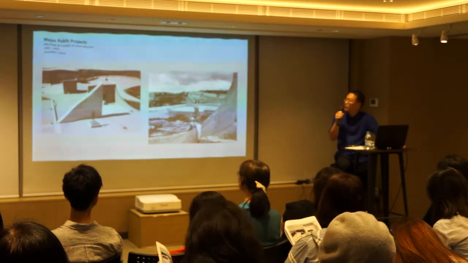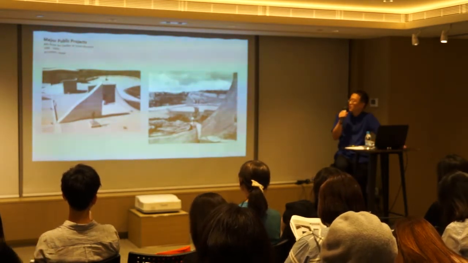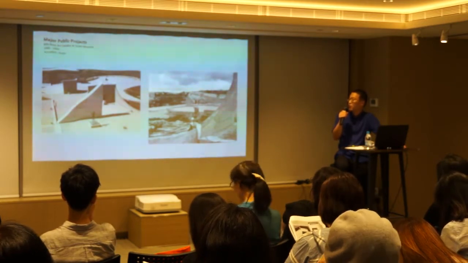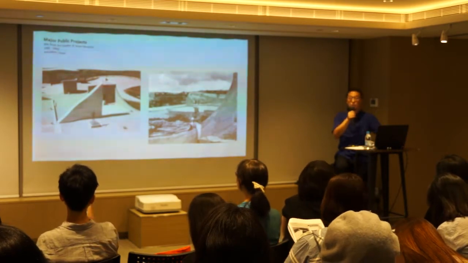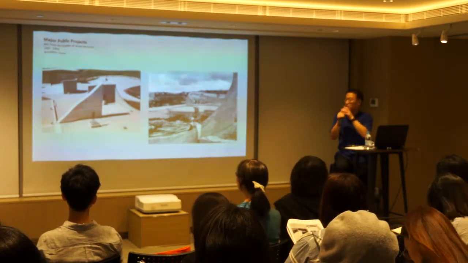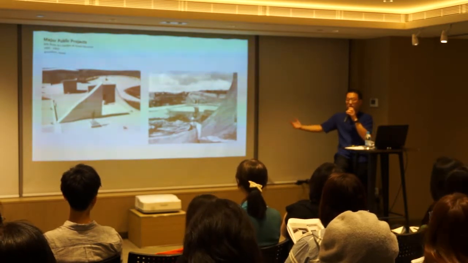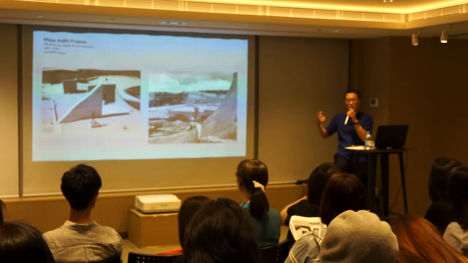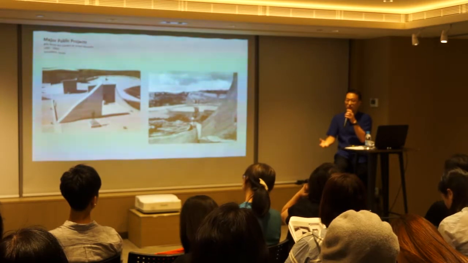And a bit later, around the same time, he got the commission for this new art garden or sculpture garden at the Israel Museum, which was timed with the opening of this museum. So the reason why I wanted to show you these examples is, again, to illustrate that his ambition wasn't just confined to making sculptures in the ground.